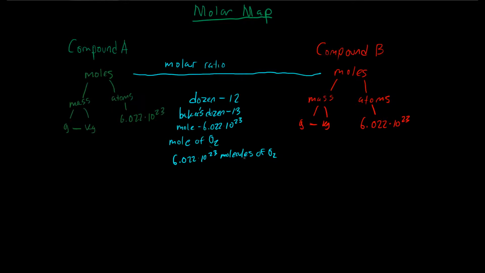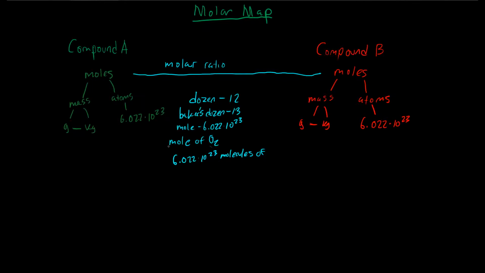Mole isn't short for molecules. Mole is 6.022 times 10 to the 23rd of something. And it's for anything. If I said 1 mole of hydrogen or H2, I have that many atoms of hydrogen or that many molecules of H2. That's really what you want to understand with moles.